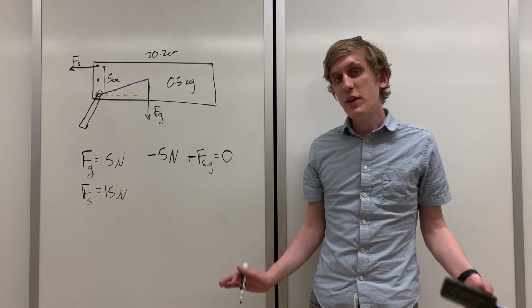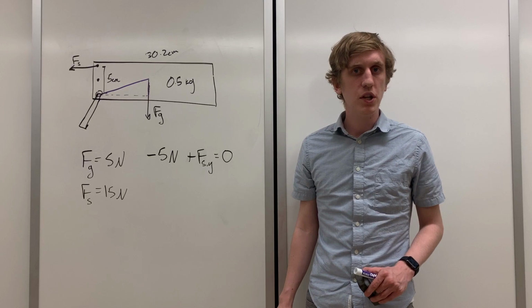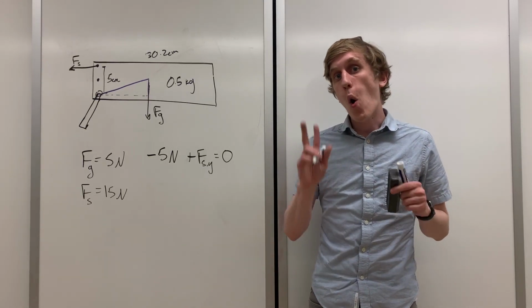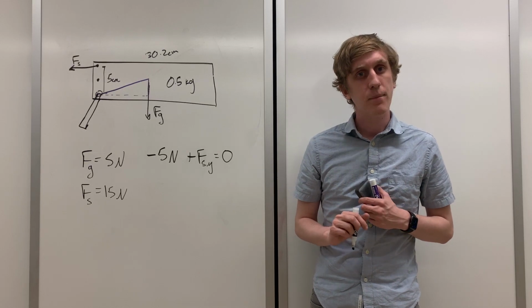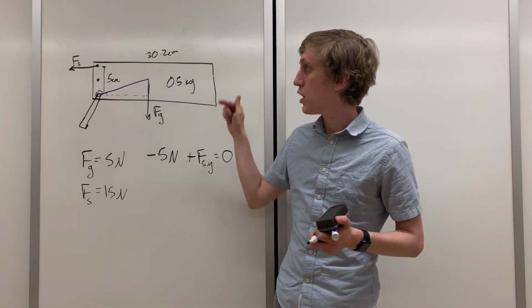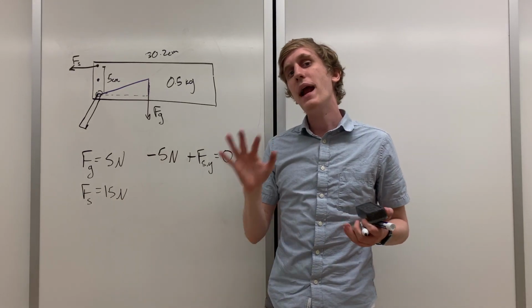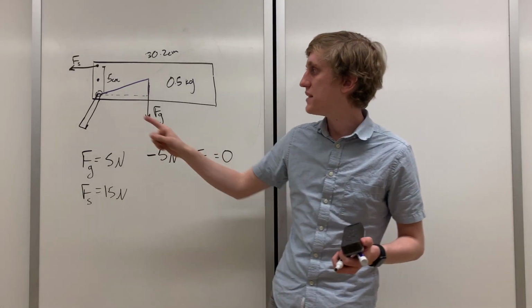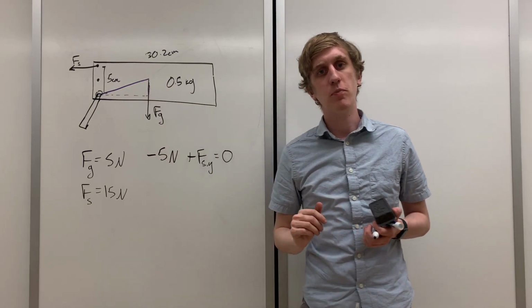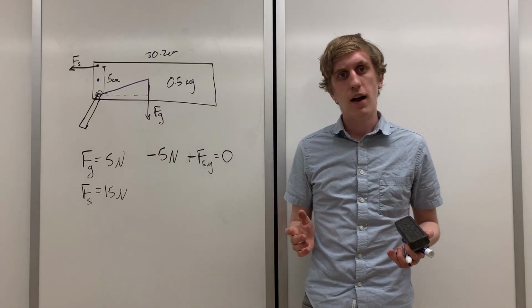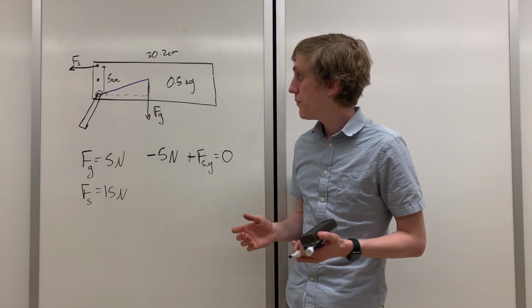What do we get if we do the same thing but in the horizontal direction? Well, in the horizontal direction, there are again only 2 forces acting. We have the force of the spring, which is pulling to the left with 15 newtons, and we have the horizontal piece of the hinge force, which is pointing to the right. So how strong does this horizontal piece of the hinge force need to be?